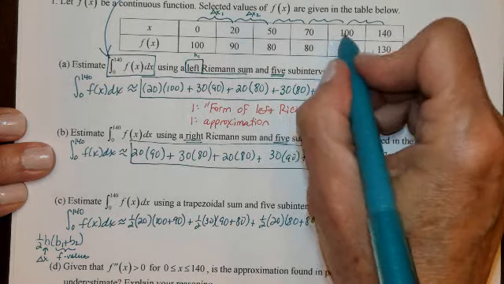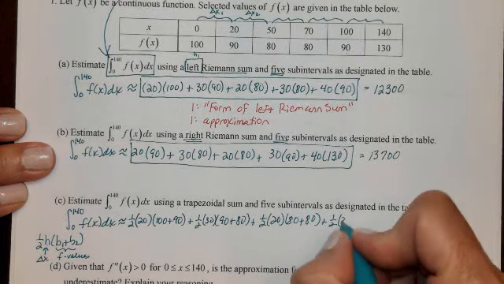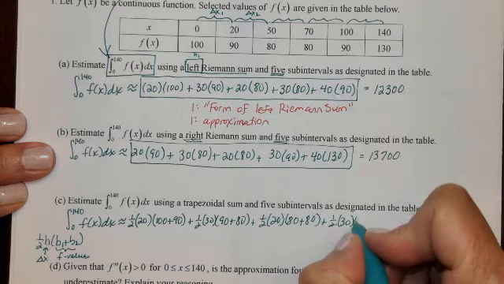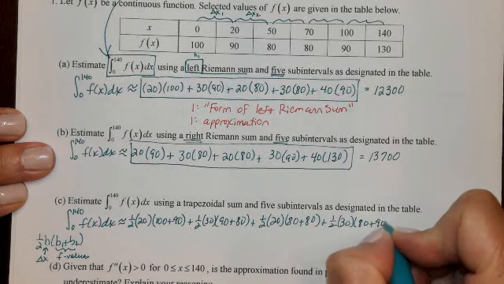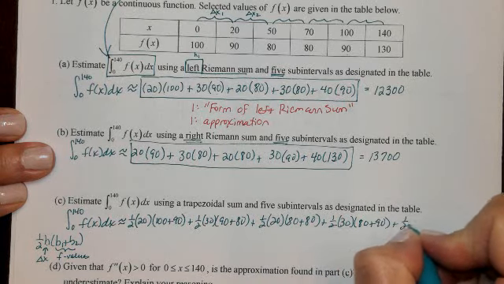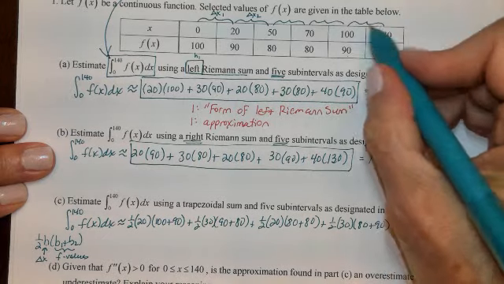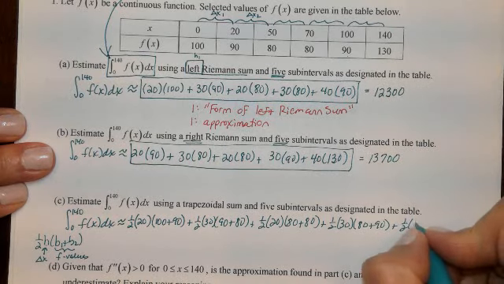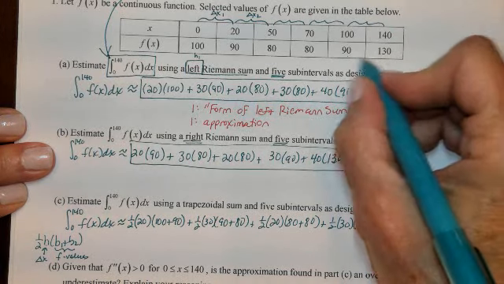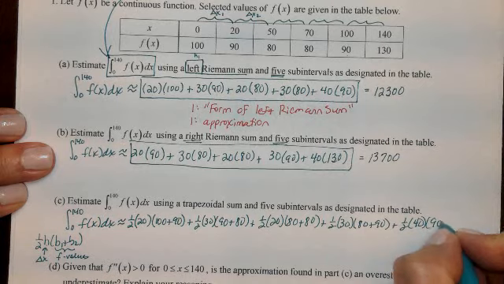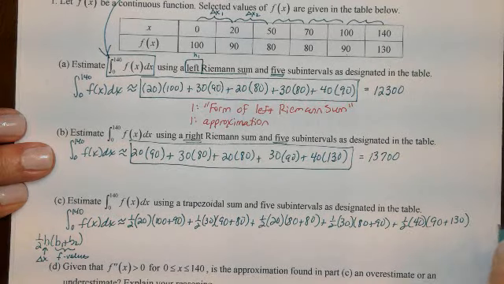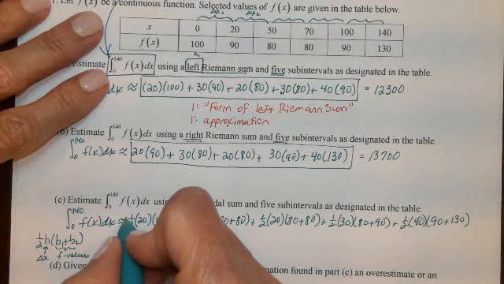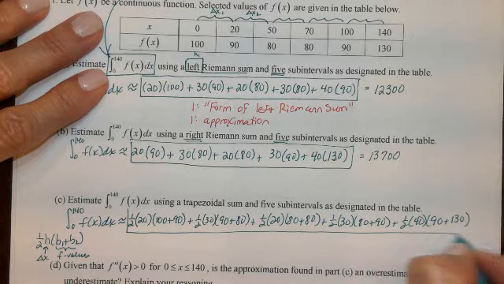Fourth trapezoid, 1/2 of 30 times 80 plus 90. And our last trapezoid has height 40 and 90 plus 130. Okay?